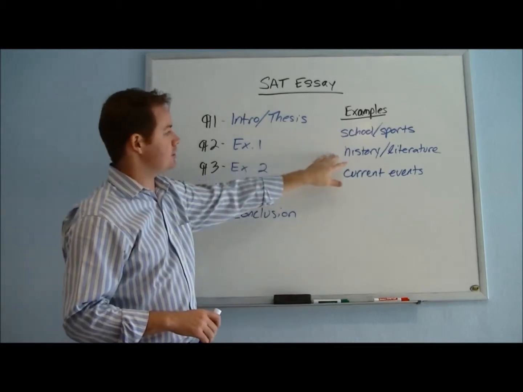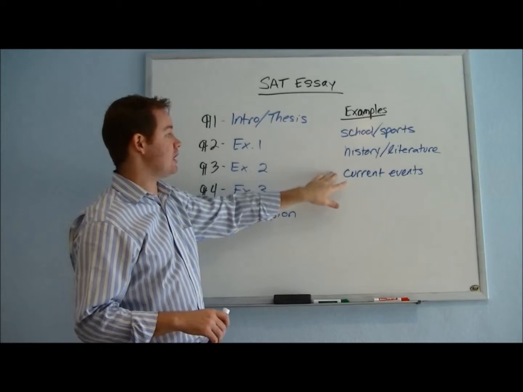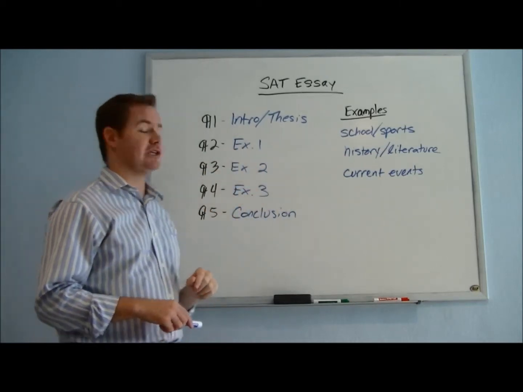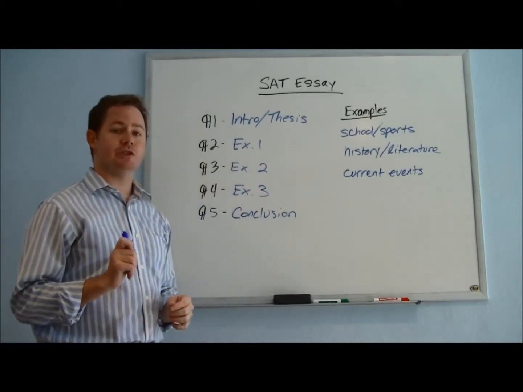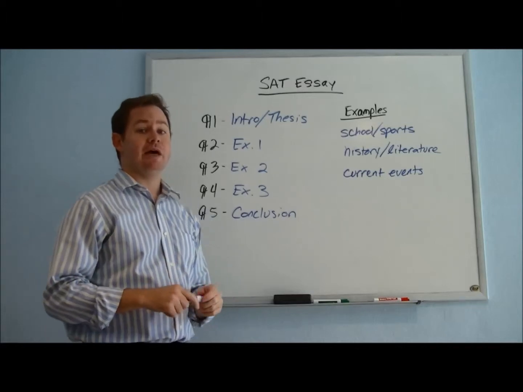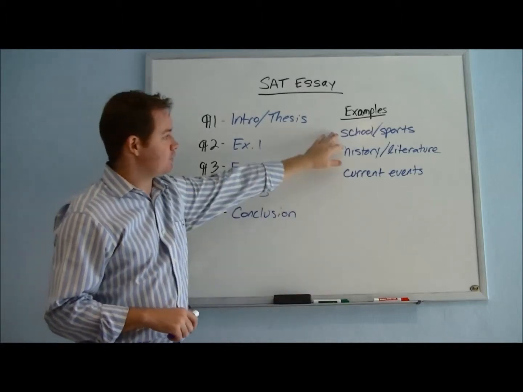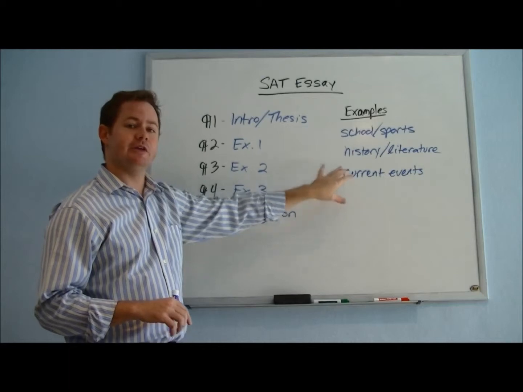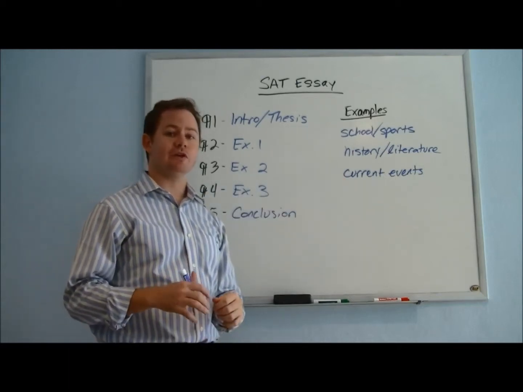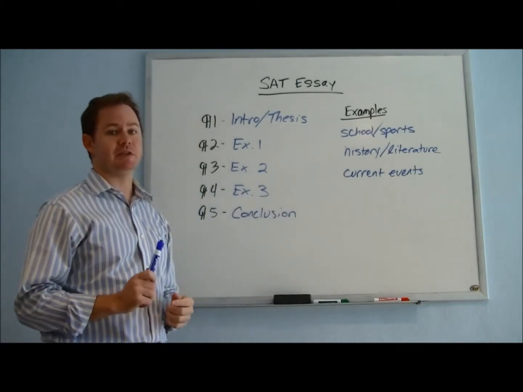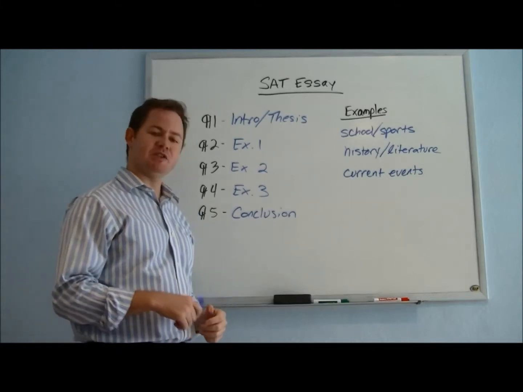So if we're selecting one example from each of those topics to be our 3 supporting examples in our essay, this also ensures something very important about how to address the prompt, and that's, if we're looking at these 3 different areas, that means that we're forcing ourselves to look at the prompt in depth, and that's something that graders keep an eye out for, especially for the higher scores.